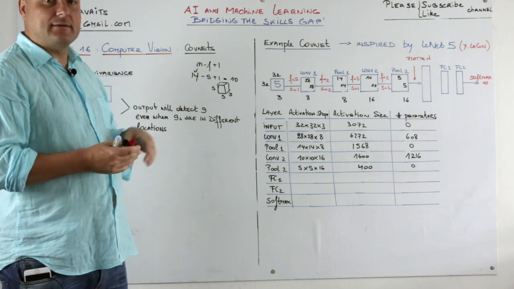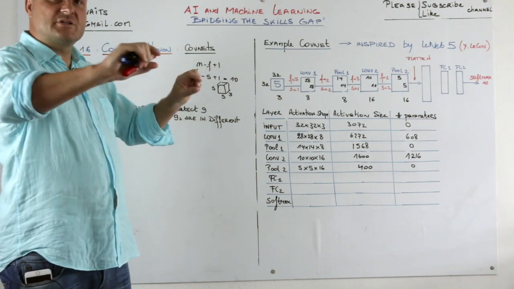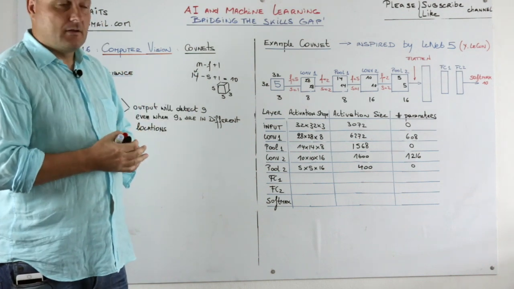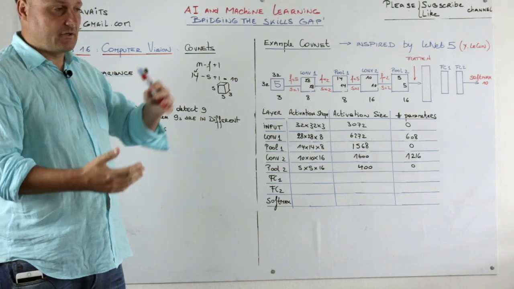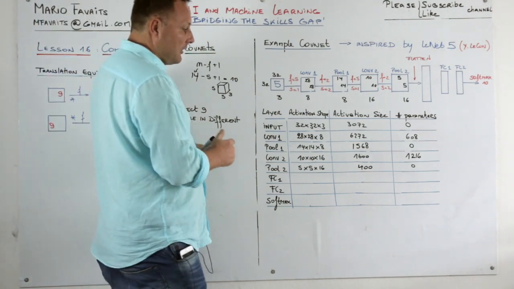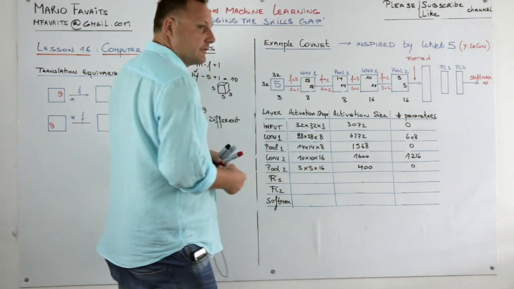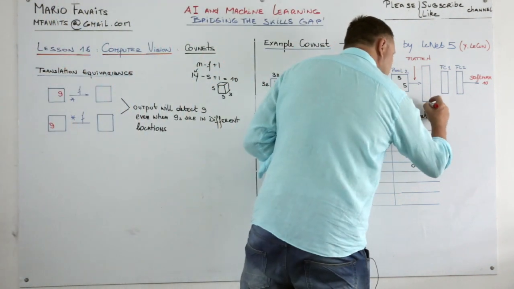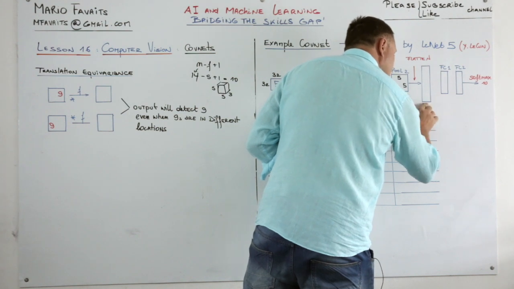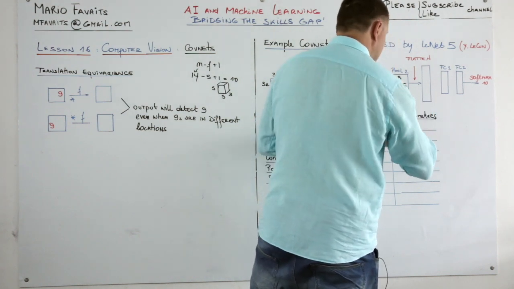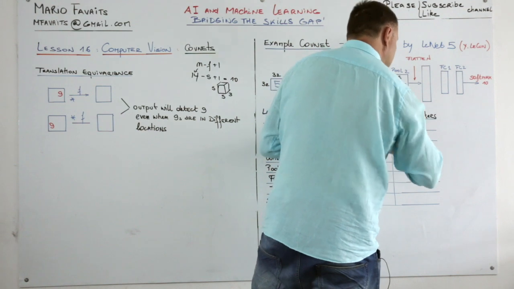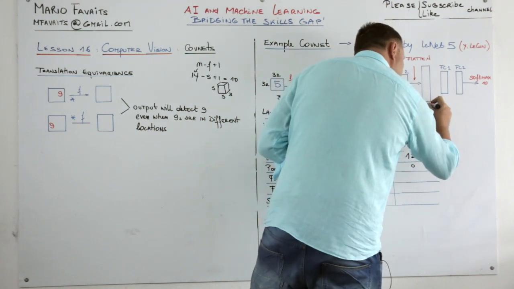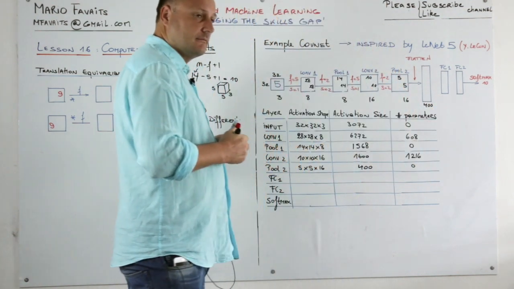We need to flatten it and make sure all the digits come next to each other. So you're gonna have a huge vector of output size 400. You're gonna have 400 rows here. The length of this flattened vector is gonna be 400.